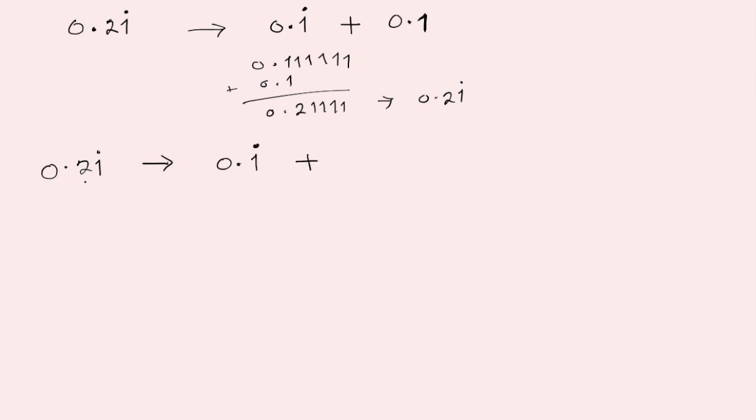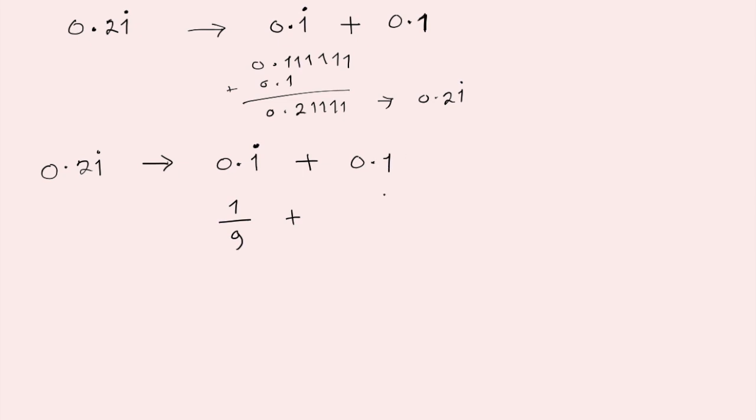We can subtract 0.1111 from 0.2111, and what we get is 0.1, and then we can convert these into fractions independently. 0.1 repeating, one decimal place is repeating, so we know that that is going to be 1 over 9 plus 0.1.